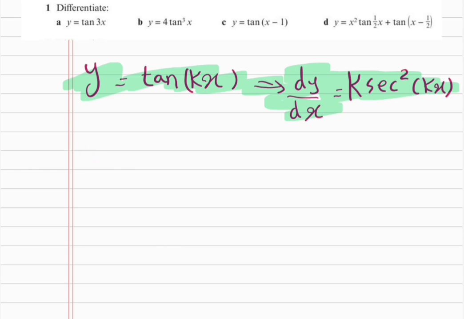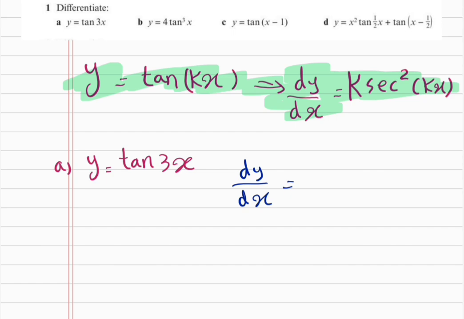So for the first question, we have the function y is equal to tan 3x, and we want to differentiate this. So the derivative of that is equal to, if we just look at the result that I highlighted, this is exactly the same form.